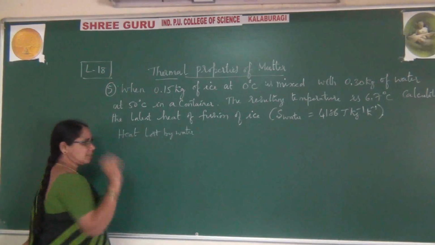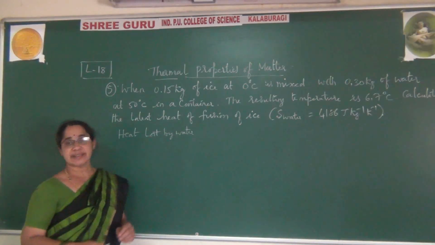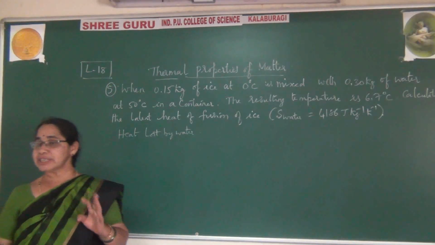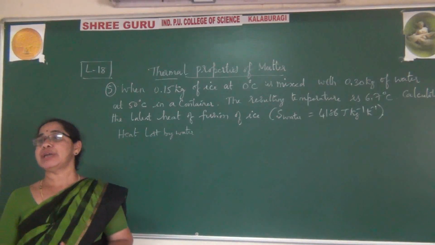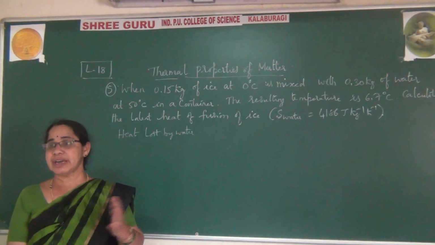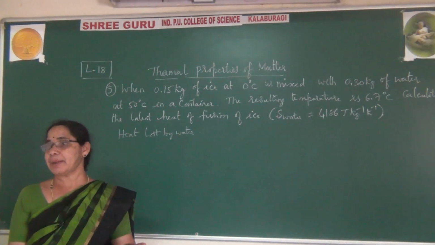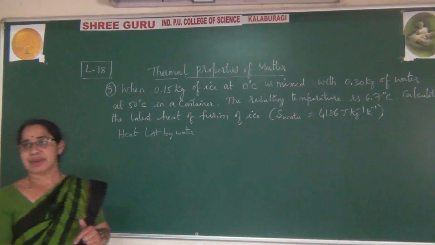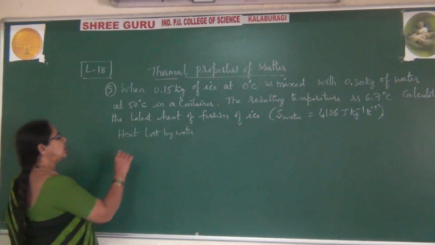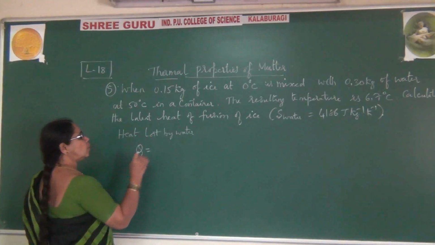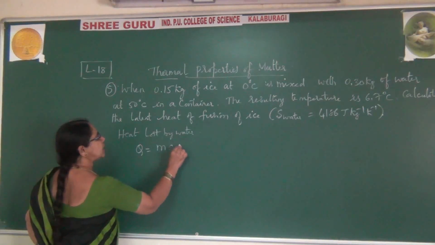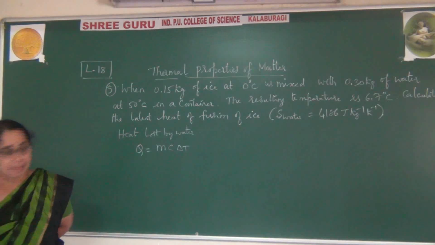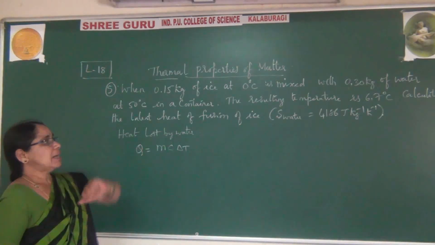For this first point, let me say heat lost by water, where we use the formula Q equals mc delta T, which we use to calculate quantity of heat and specific heat. What is m here? The mass of water.